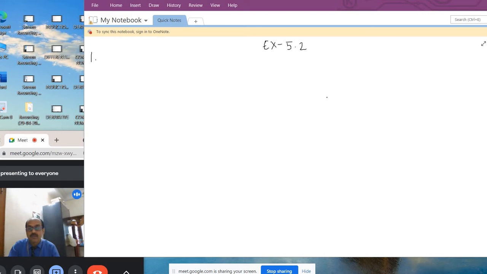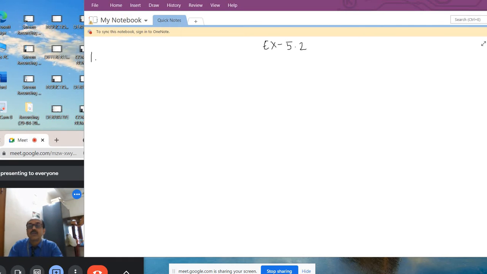Exercise 5.2, question number 1. The question is, find the modulus and argument of z equal to -1 minus i root 3.